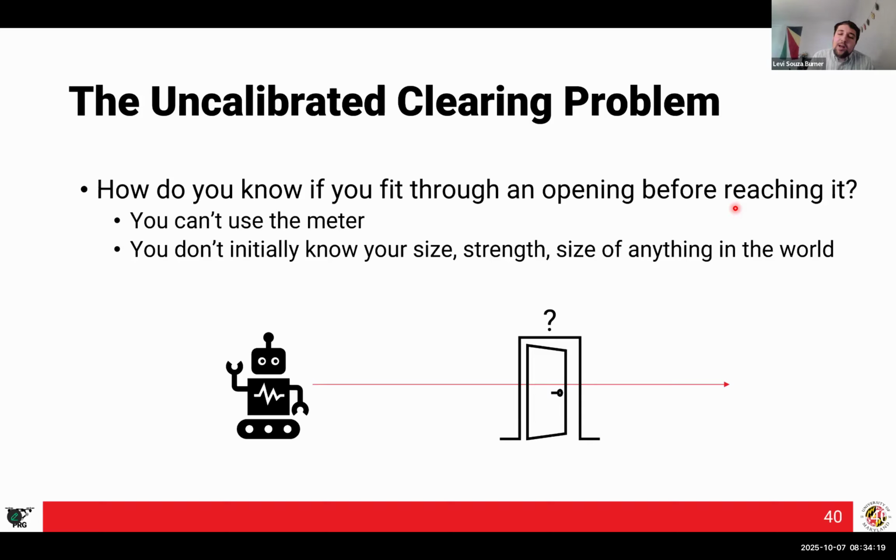This robot needs to figure out if it fits through a door before it gets to the door. Now, humans can do this, and it was debated for several decades whether animals could do it, but it was recently shown bees can do it quite well, though the actual mechanisms are not known. And like I said, in robotics, I'm unaware of anybody actually solving this problem. We always take a ruler and somehow measure the robot or the door beforehand.